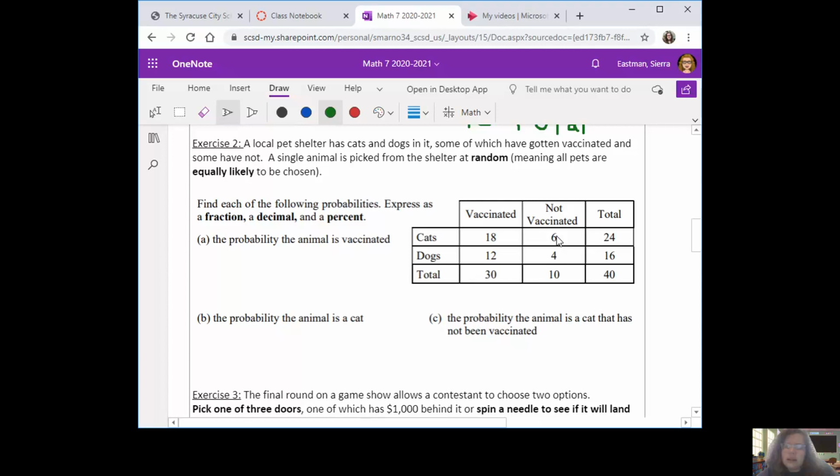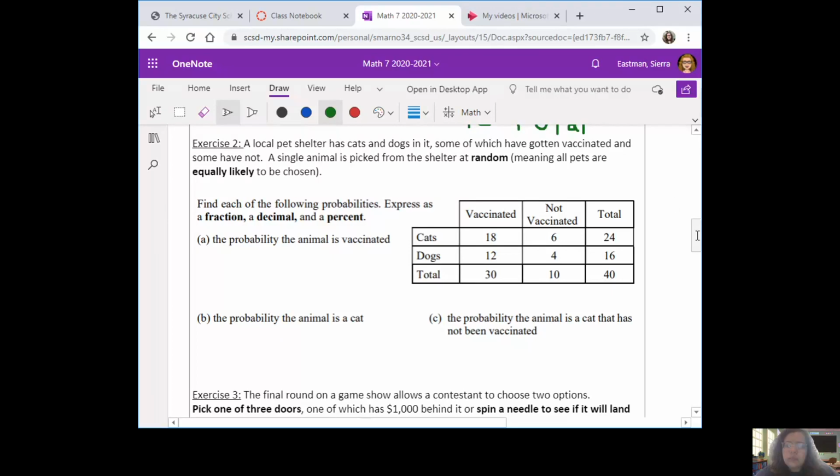Okay? Again, 6 cats not vaccinated, 4 dogs not vaccinated, which makes 10 total animals that are not vaccinated. And then the very last corner here tells you the total out of every single option. There are 40 total options if you're talking about all of the animals.